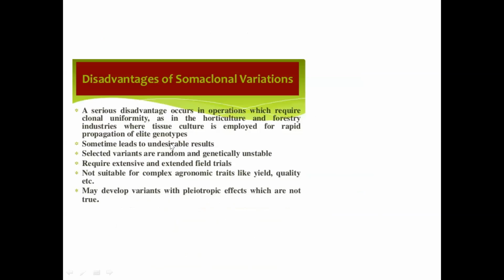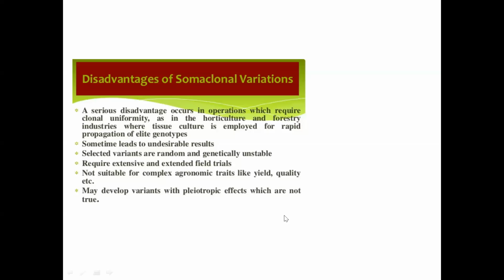There are some disadvantages. You cannot expect uniformity, because it is as it comes, it can even be unpredictable. Okay, fine, you have a particular protocol by which, if you use that protocol, you will get stable variation. But again, it is not predictable in the field condition.